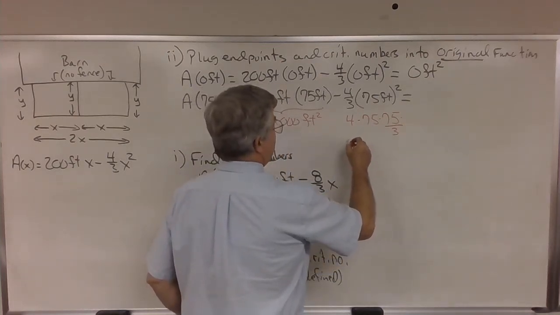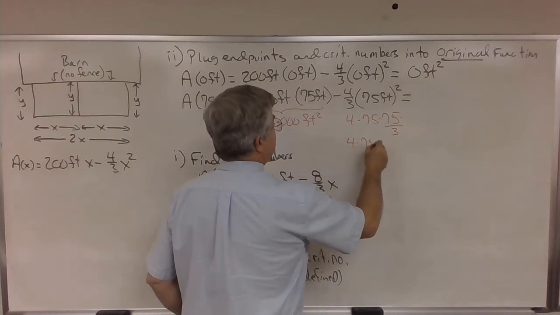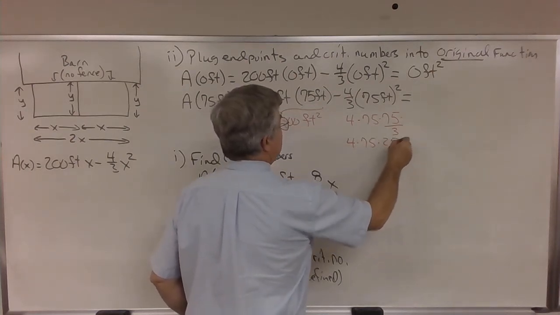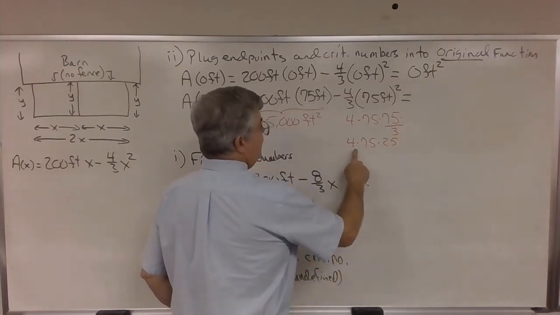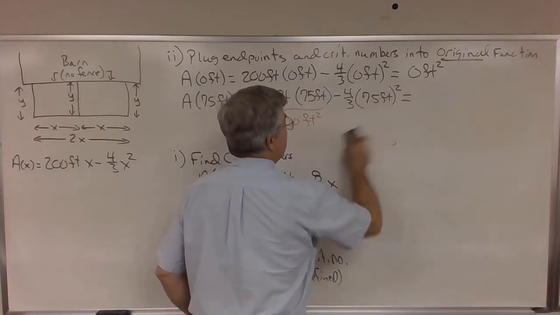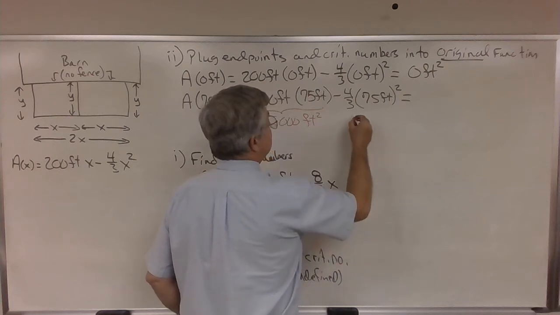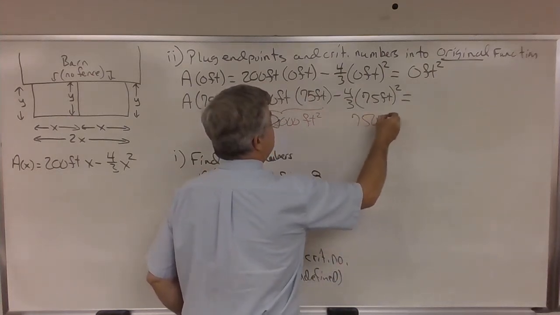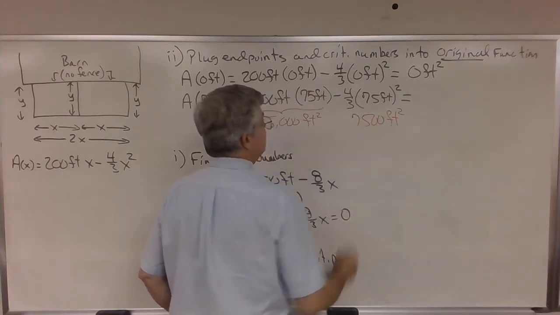So let's see, that's 4 times 75 times 25. And 4 times 25 is 100, so this is 7,500 square feet. Okay.